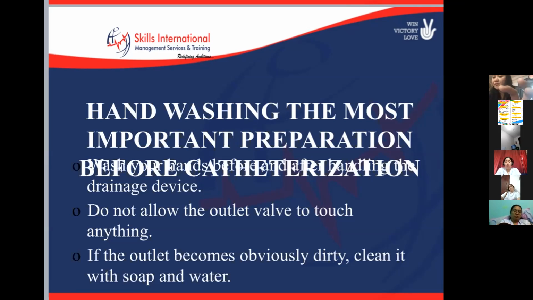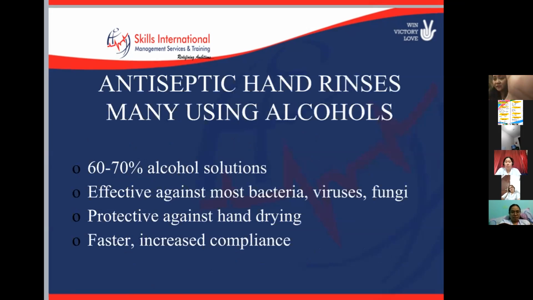If an outlet becomes obviously dirty, clean it with soap and water. There are also antiseptic hand rinses, mainly using alcohol. We need 60 to 70% alcohol solutions, effective against bacteria, virus, or fungi. It is also protective against hand drying and increases compliance.